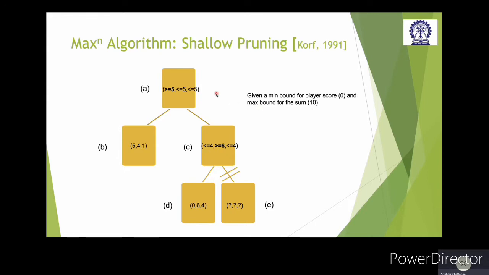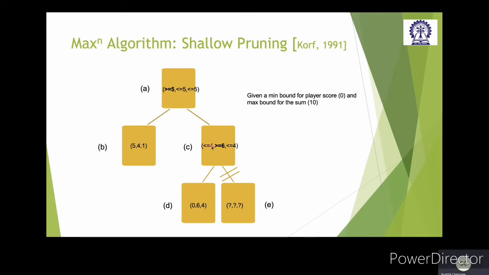So if you look into the graph here, at node A, when player A goes to the left side move, he knows that he can get 5. So his payoff should always be greater than or equal to 5.